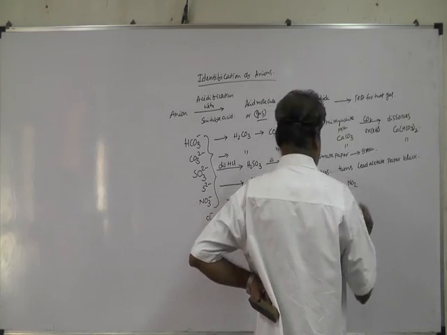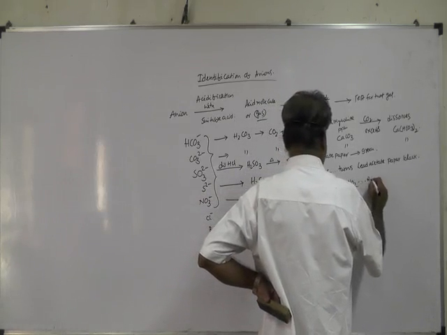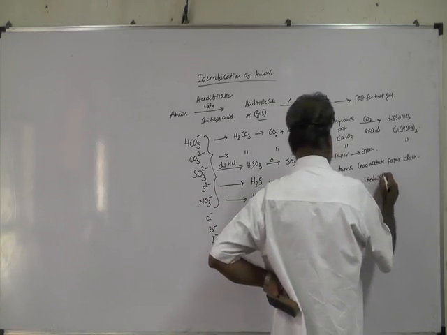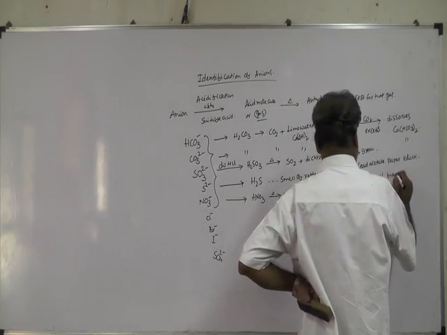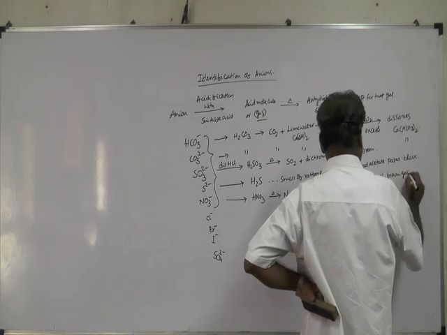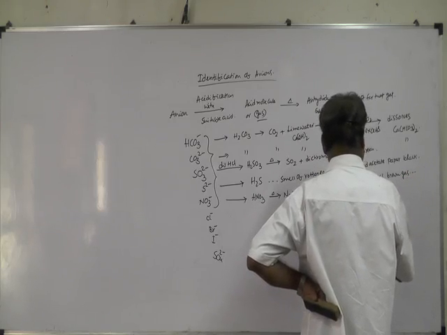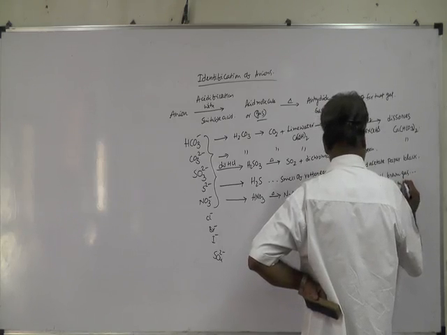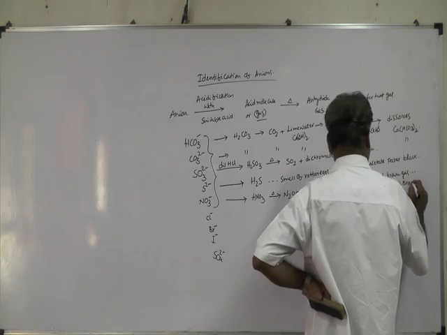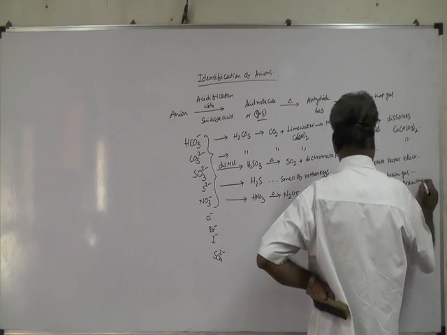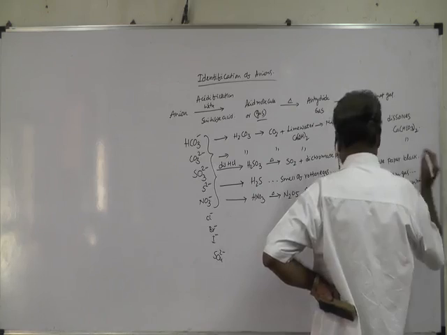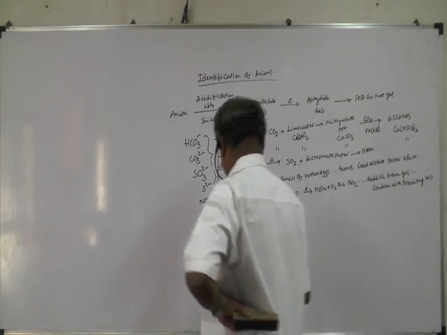NO2 is a reddish brown gas. Confirm with brown ring test. Brown ring test for nitrates.